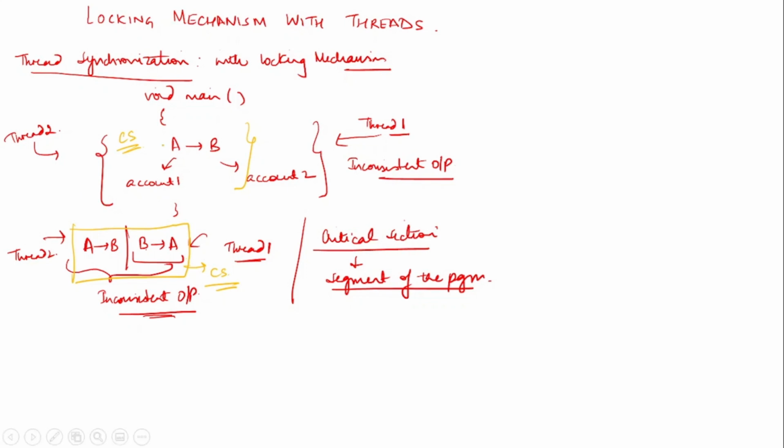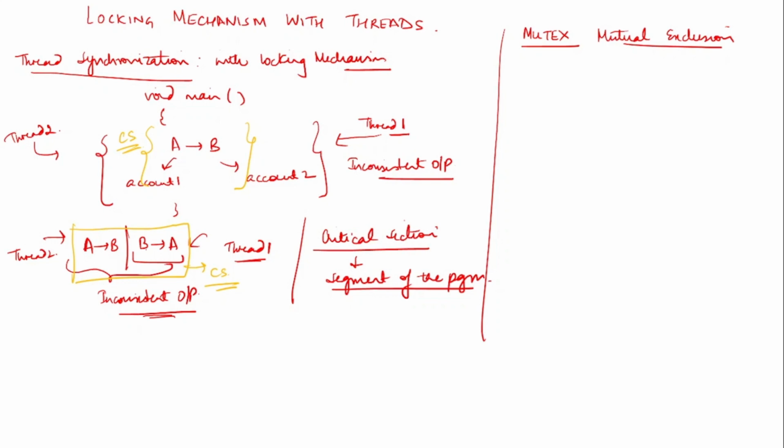These two are the critical sections because we don't want any other thread to come up and start executing them. So the critical section is a very important concept in your operating system, and in order to have consistent output we use the concept of locking, which is known as mutex. Mutex is a concept which we use to achieve mutual exclusion when we talk about threads.